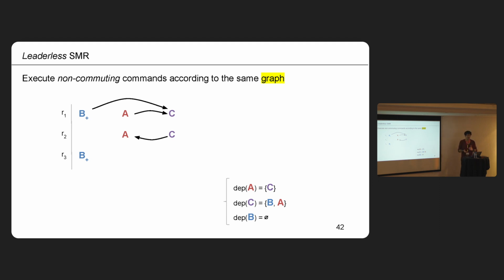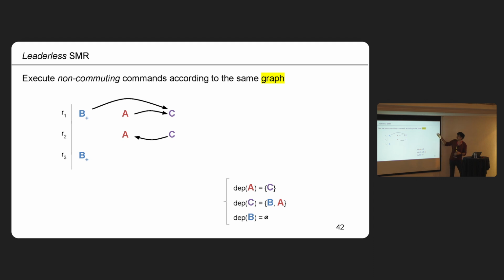So in this example, you have the very same commands as we had in the previous slide, with the non-commutativity of B and C and A, C, but the commutativity of A and B. And so we have these chunks of the graph arriving, and we are increasing our knowledge and building up this graph. So for instance, replica 1 has 2 edges, between B and C and A, C, whereas replica 2 has an edge from C and A.